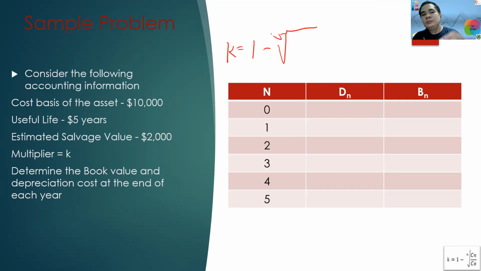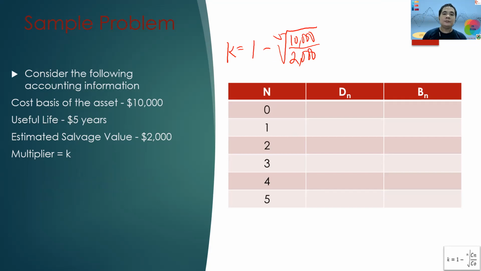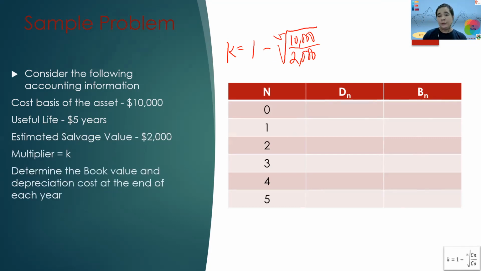Co, that is 10,000 over 2,000 salvage value. Am I right? Let's go back to your formula.